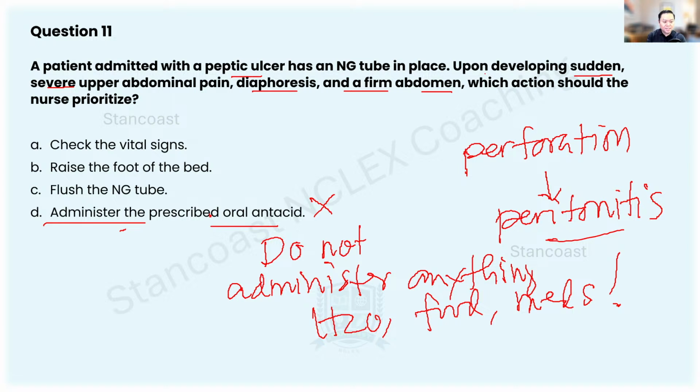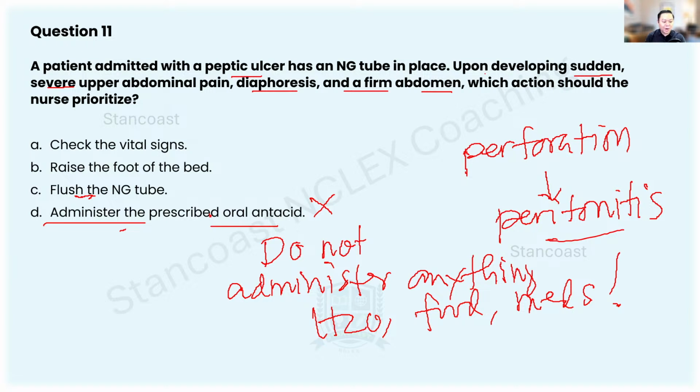We're not even going to flush the nasogastric tube, because the more you flush, the more you are spreading leakage into the peritoneal cavity if there is perforation. No flushing, no more food, no more meds, nothing. It can worsen the peritonitis.